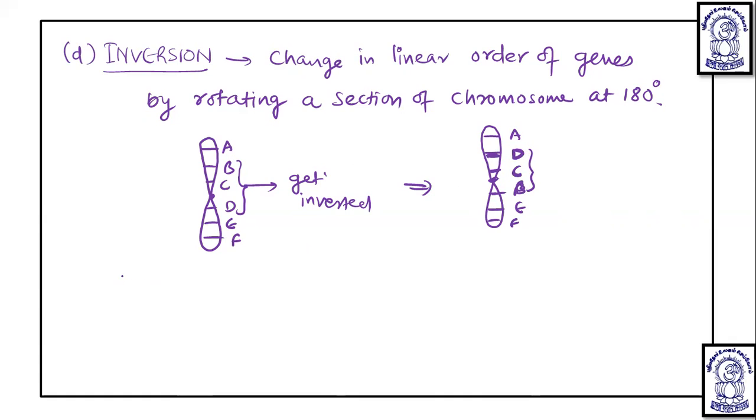So inversion is of two types. First one is paracentric. Paracentric means inversion without involving the centromere.